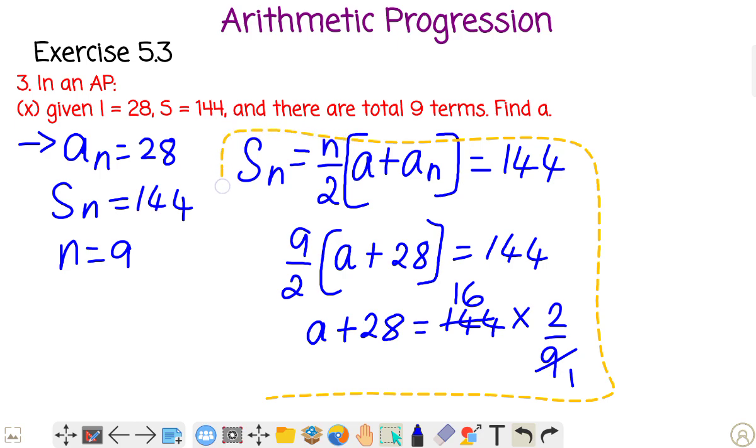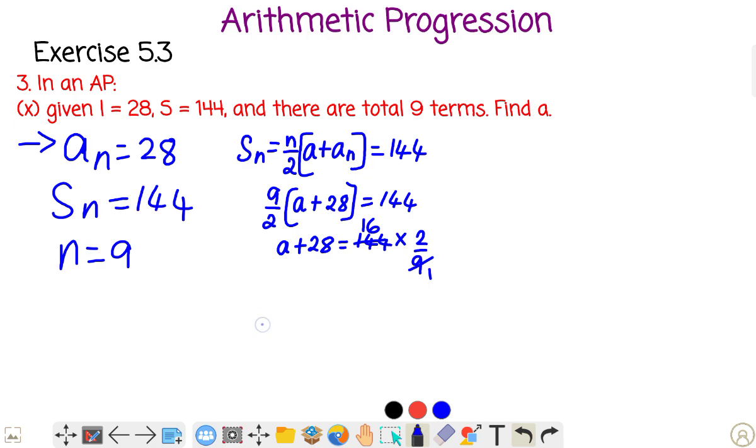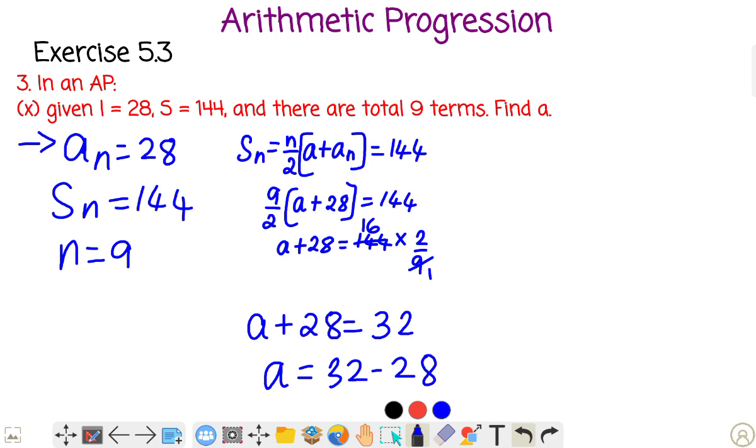So I'll get a plus 28 is equal to, now 16 twos are 32. So a is equal to 32 minus 28, that is equal to 4. Therefore a is equal to 4. So this is the a value that is required. So I hope it is clear.